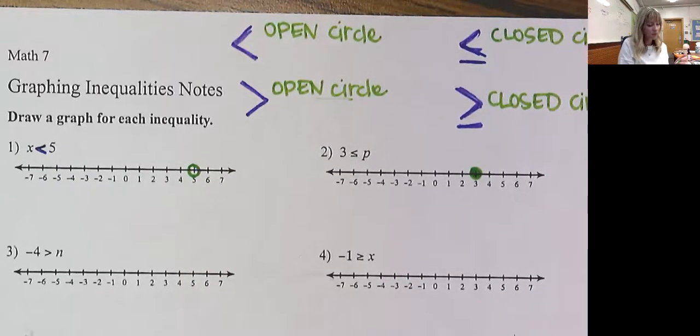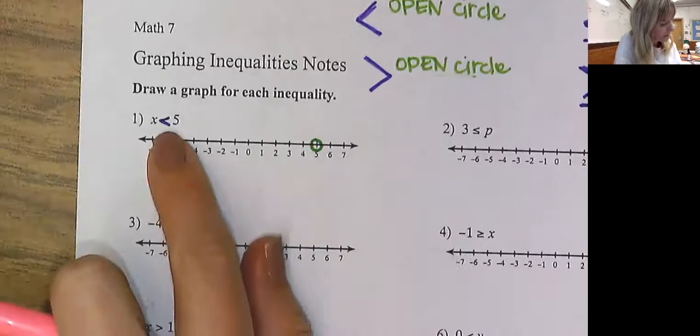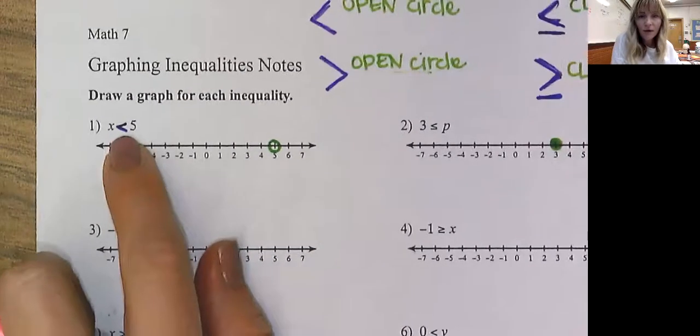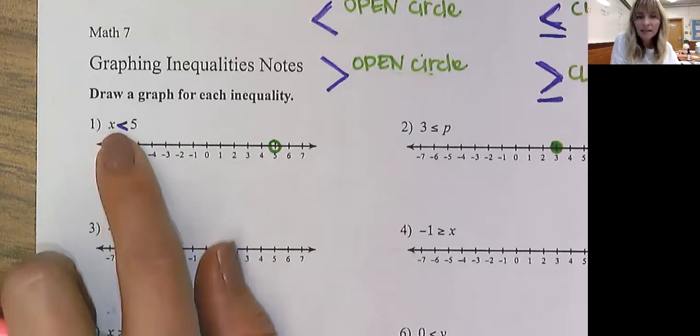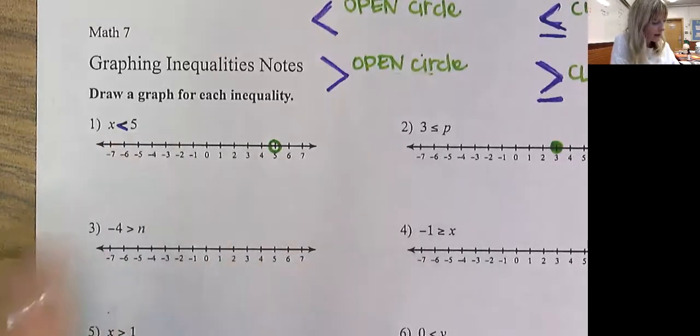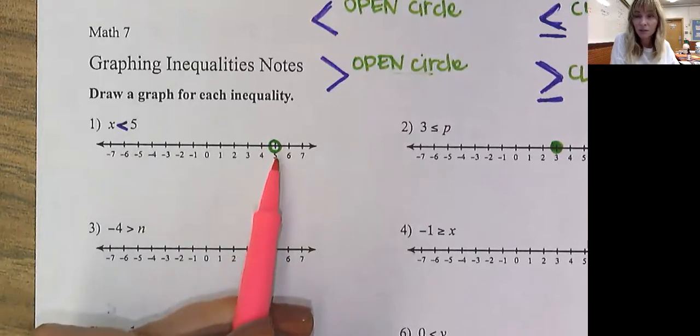And that is because when I look at these, so I'm going to write something else next to them up here. When I look at these, I also have to determine whether I am dealing with less than 5, greater than 5. Which numbers am I talking about? So if I say to you that some number has to be less than 5, if I look on this graph, where are the numbers? Here's my circle.